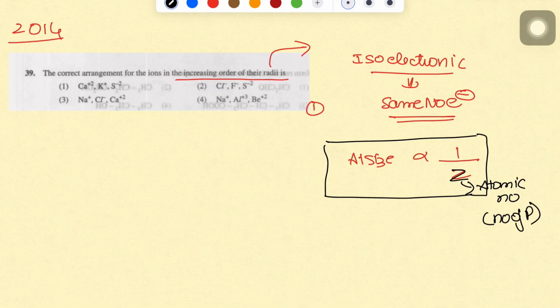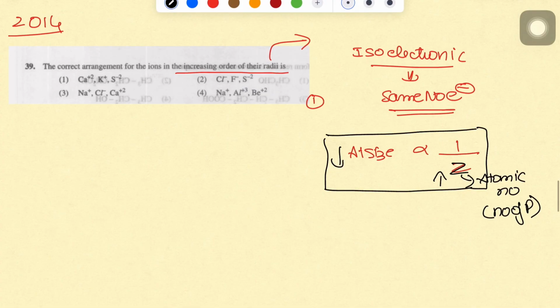So as Z increases, atomic size decreases. So let's see, calcium atomic number is 20, potassium atomic number is 19, and sulfur has atomic number 16.